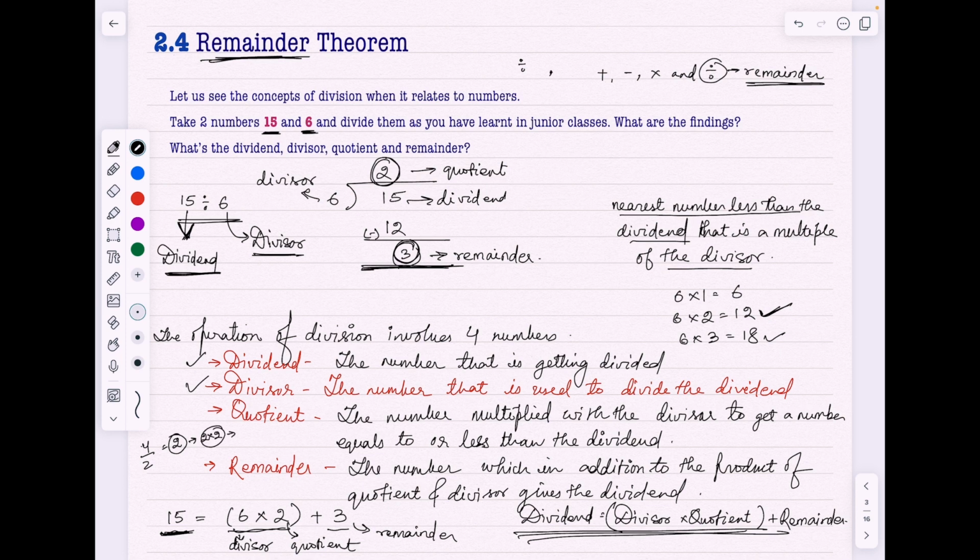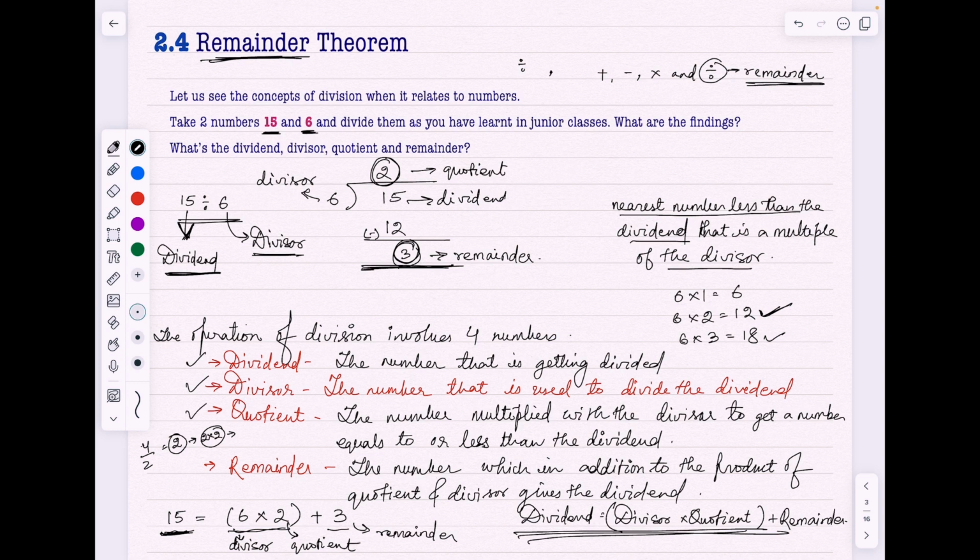So dividend equals divisor into quotient plus remainder. You got these points.